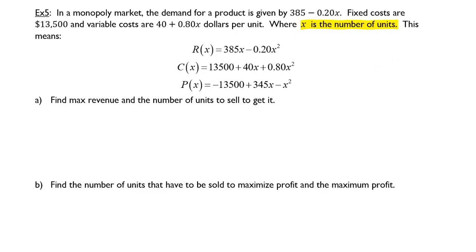Now, depending on the function we are using, we could be either talking about revenue, which is money we make from selling items. We could be talking about cost, which is how much it takes money-wise to manufacture items.